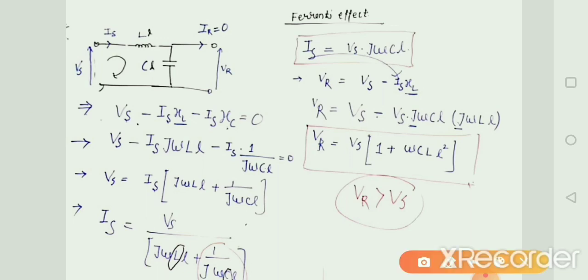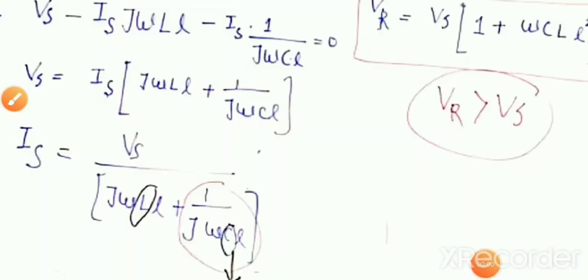Now we take common Is, then the term becomes Vs equal to Is into (j omega L into l, means length, plus 1 over j omega c into l). Now the value of Is is Vs over (j omega L into small l plus 1 over j omega c into small l).